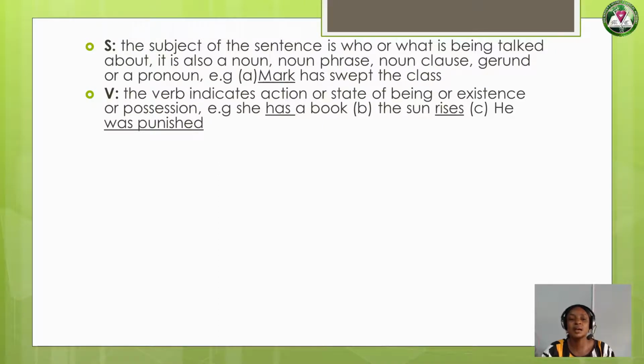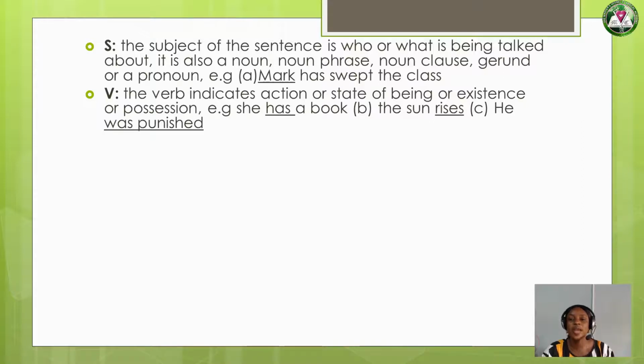So we have examples. We have she has a book. So has there is a verb, even though it's an auxiliary verb, it functions as a lexical verb. Okay. We have the sun rises. The sun rises. Okay, rises is the verb. We have he was punished.